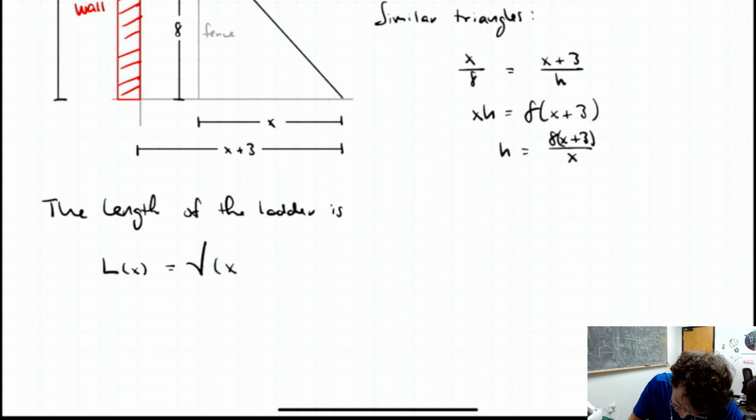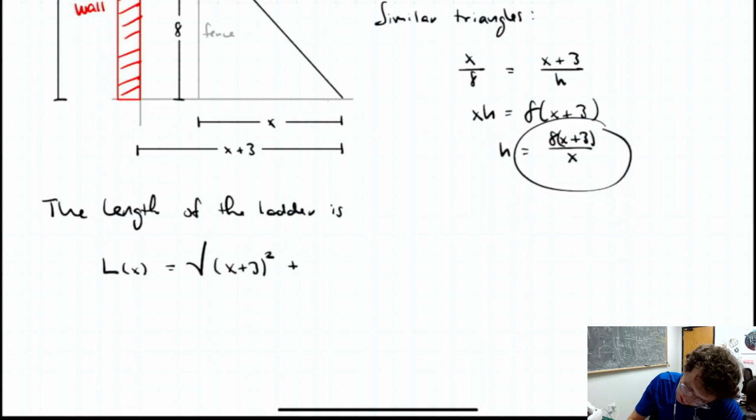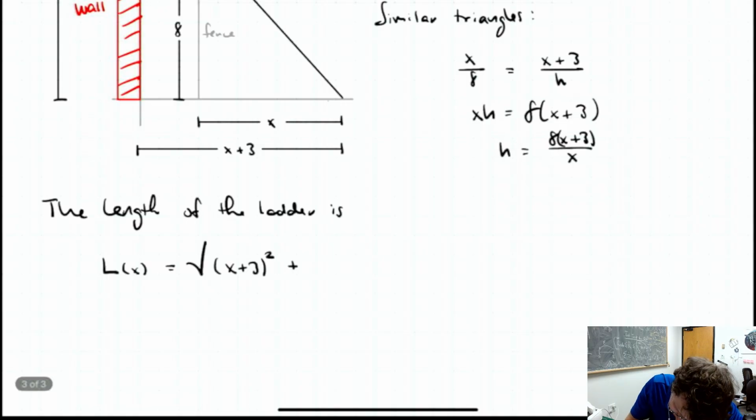So it's the square root of x plus 3 squared plus this. 8 times x plus 3 over x, squared.